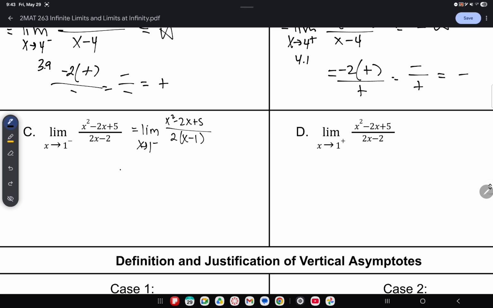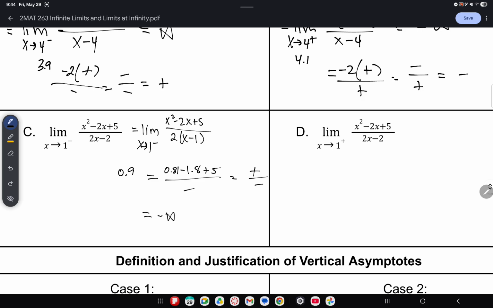So from 1 from the left, how about 0.9? So let's see. 0.9 squared is 0.81. And then 0.9 times negative 2 is 1.8. And then plus 5. All of that is going to be positive. And then 0.9 minus 1 is negative. So in the end, this is going to go to negative infinity.